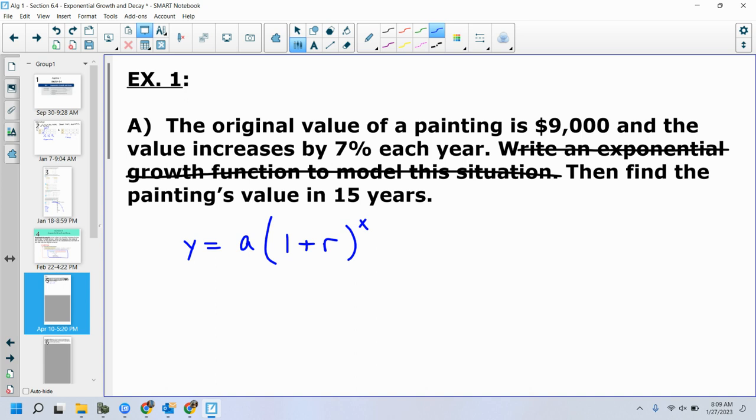Okay, so let's write it out. Y equals, what's A in this case? That 9,000, the original amount, 9,000 times 1, standard 1, plus, what's R? Brandon? Okay, as a decimal, 0.07.